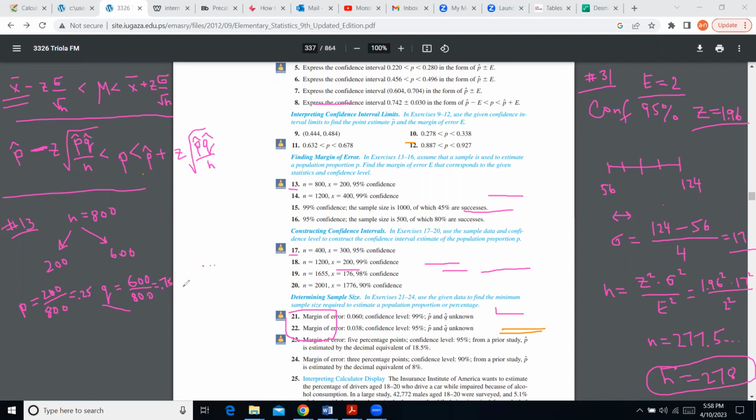And then what you can do is find the estimate for the entire proportion. So let's say you consider the sample of 800 voters. 200 voted for one candidate, 600 for the other candidate. But that's for this particular sample of 800 people.